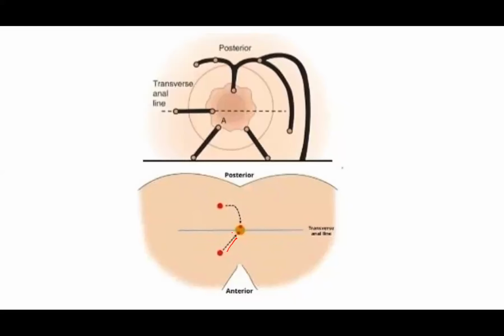For any opening behind the transverse anal line, the fistulous tract follows a curved course. Exceptions to this rule are long anterior fistulas, anterior openings that are greater than 3 cm. They follow a long curved tract to the posterior midline.